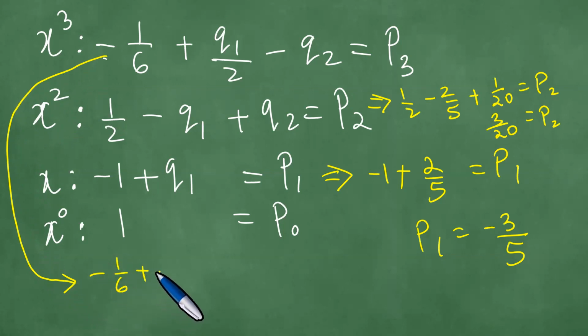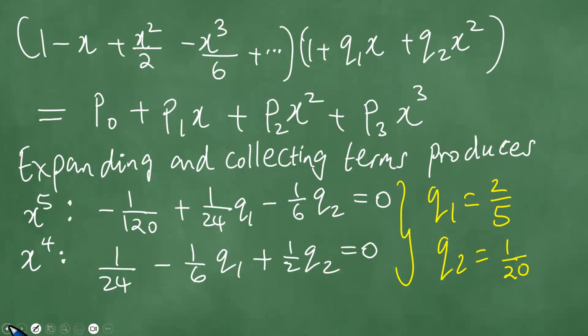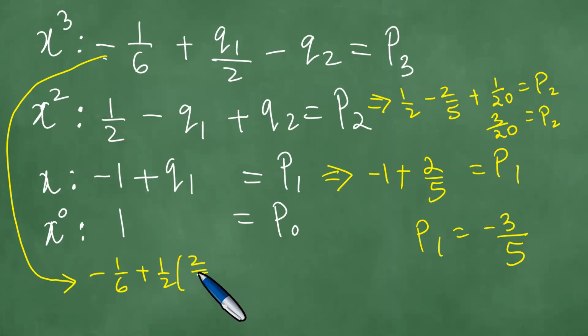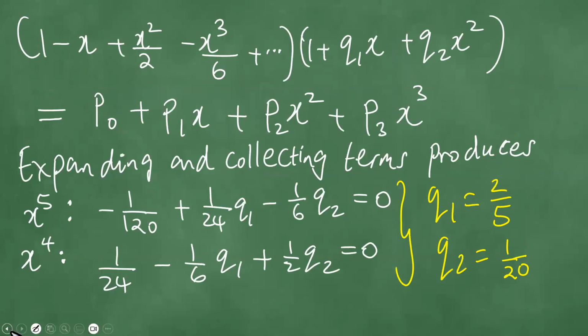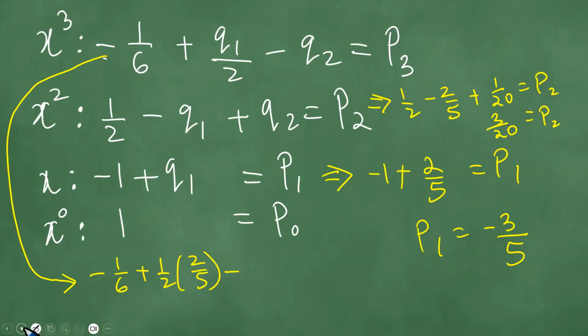What is Q1? Is 1/2. Okay, so we find first Q1. Okay, we got that one, which is 2/5. Q2, 1/20th.